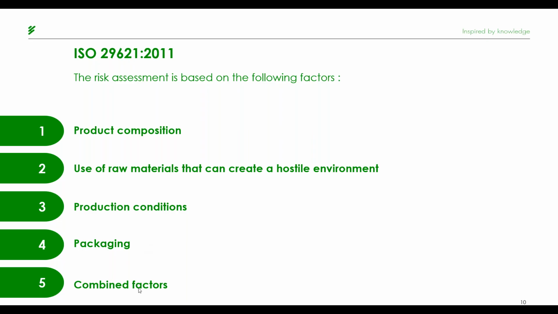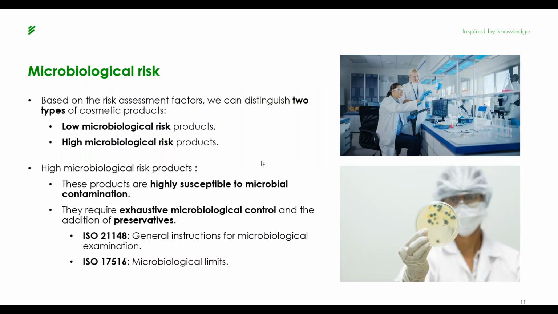And finally, the combination of any of these factors has a synergic effect and can increase or decrease the risk of contamination of a certain cosmetic product. Based on these factors, we can distinguish two types of cosmetic products: those that present a low microbiological risk and those cosmetic products that have a high microbiological risk.